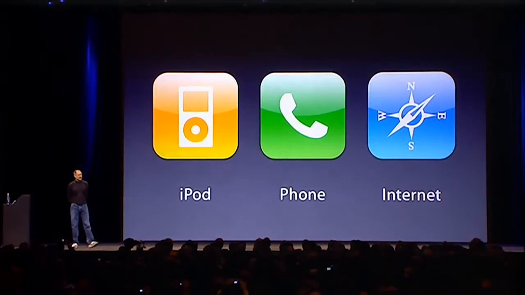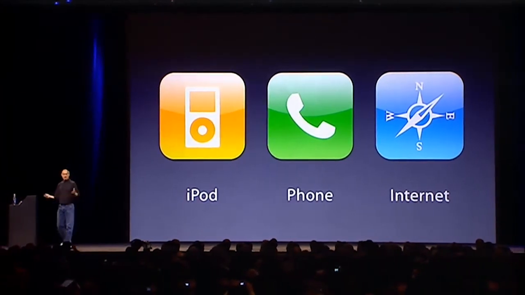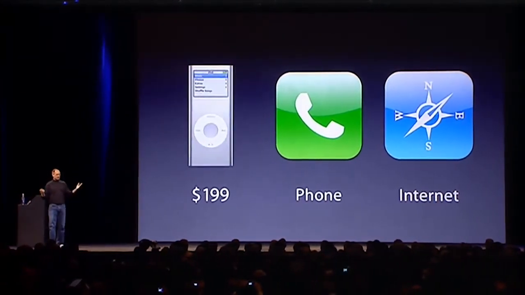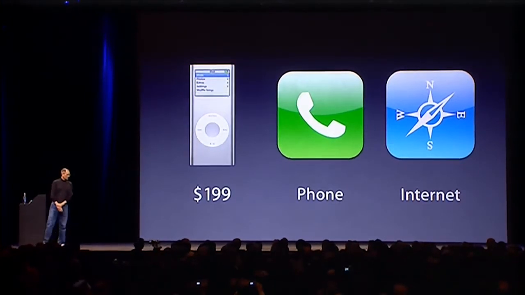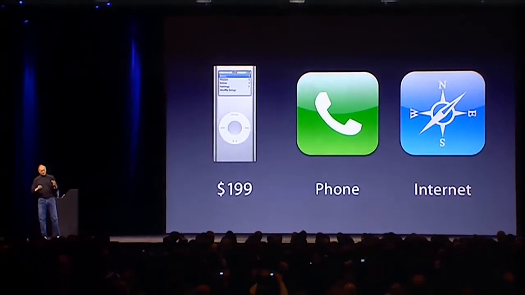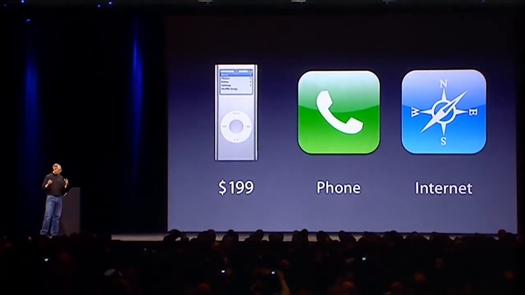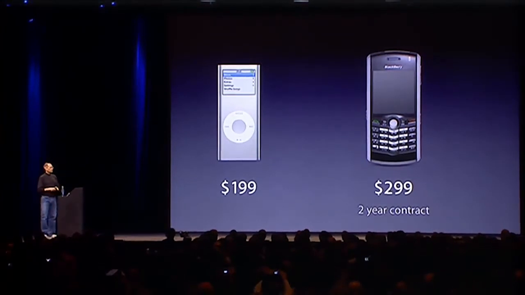So what should we price it at? Well, what do these things normally cost? An iPod, the most popular iPod, $199 for 4 gig nano. What's a smartphone cost? Well, they say you get the phone and some of the internet with it, although that's questionable. But they cost somewhere between around $299.